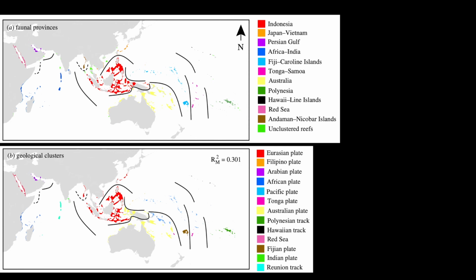And why do I tell you this? Because the Philippines, aside from being part of the triangle that is the transition zone, the Wallacea, is also part of the coral triangle. Yes, we're part of the coral triangle.